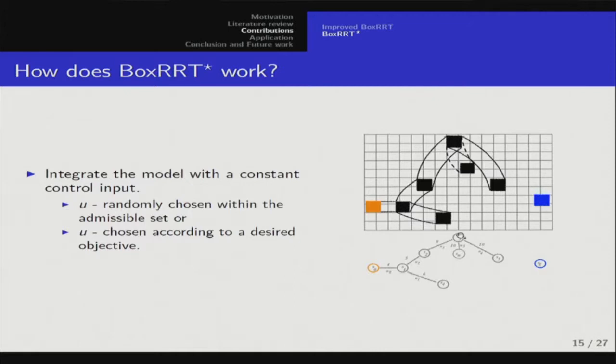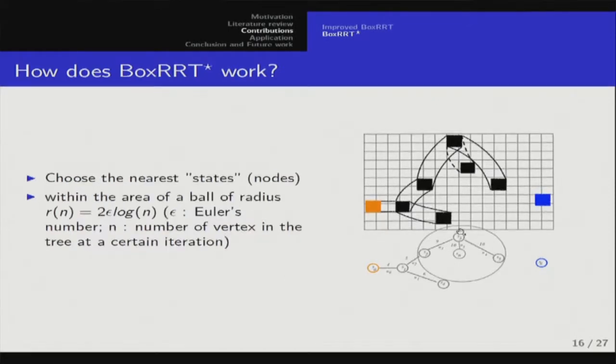So what we do is look for all the vertices in the tree which are within the area of a ball of radius, and here we are taking the value given in the original RRT star algorithm. And we are looking at all these vertices, all these states.